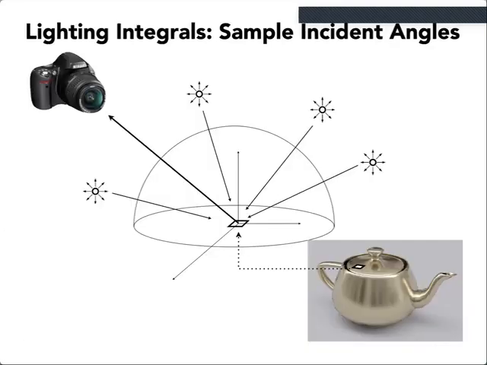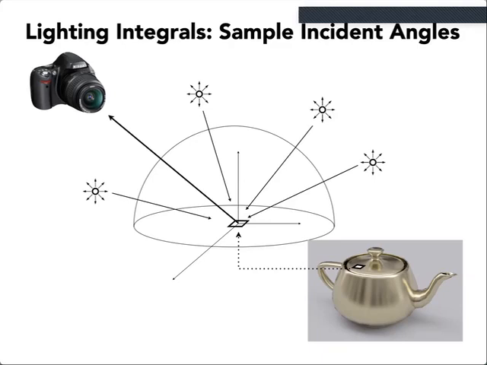When we calculate the color of an object in a scene, whether in ray tracing or, it turns out we'll see, in rasterization too, when we talk about shading in rasterization graphics pipelines, we're going to have to do some lighting integrals. What does this mean? Here's a little cartoon of a camera. It's pointed at a particular surface element, a tiny patch of a surface. In this case, the surface position here is on the top of this golden teapot.